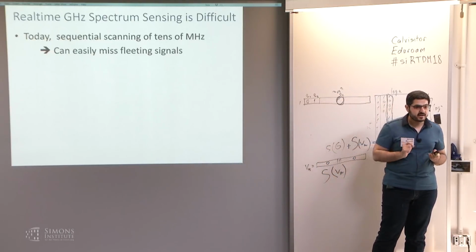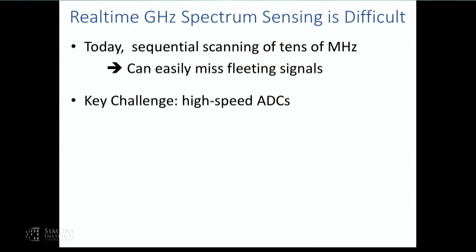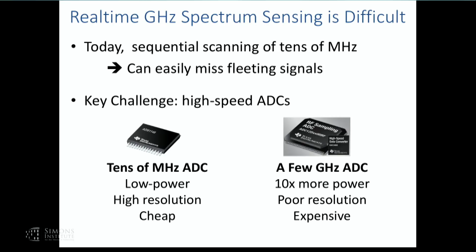One of the key challenges is something called high-speed ADCs. And what an ADC is an analog to digital converter. It takes the analog signal, it samples it, and digitizes it. If we were to look at the ADCs that are being used today on cell phones and radios, there are mostly tens of megahertz, so they sample tens of megasample per second. They're very low power.